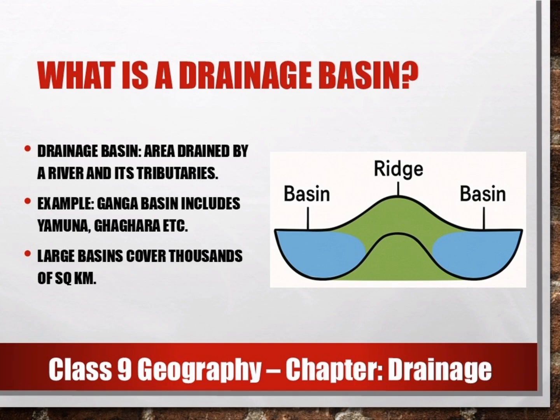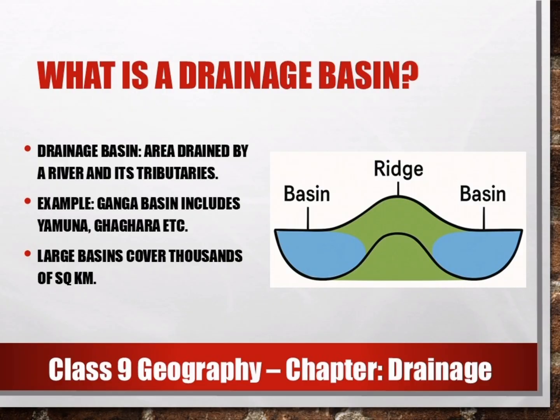A drainage basin is an area where a river and its tributaries collect water. Think of it like a large bowl collecting rain from the surrounding land and sending it all into one river. Now imagine a high ridge of mountain that separates two such bowls.